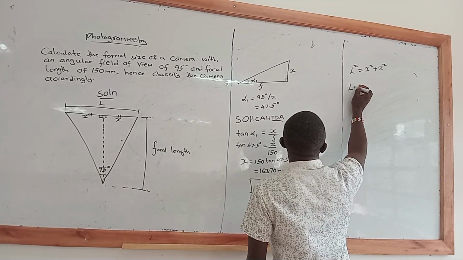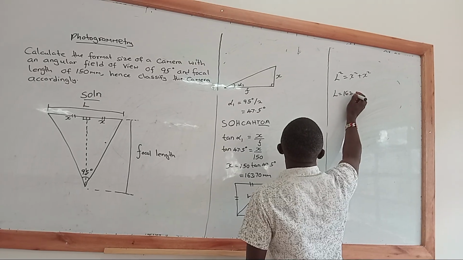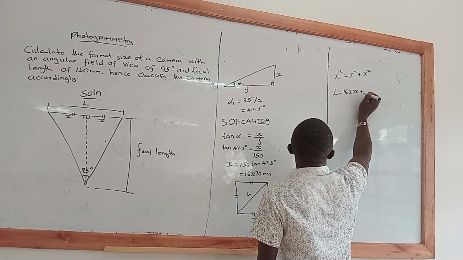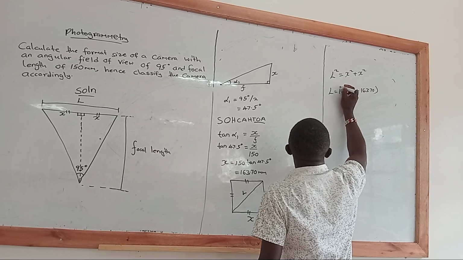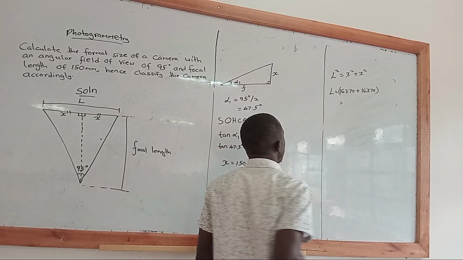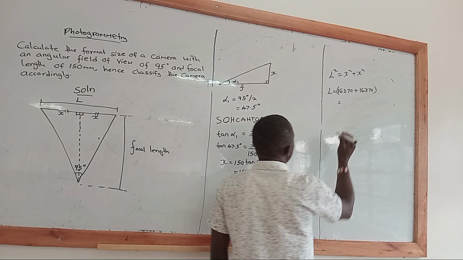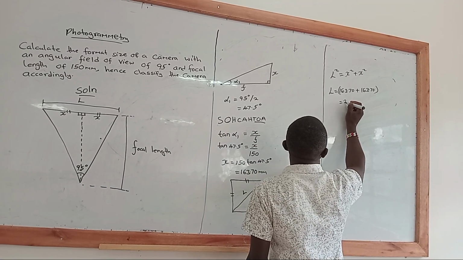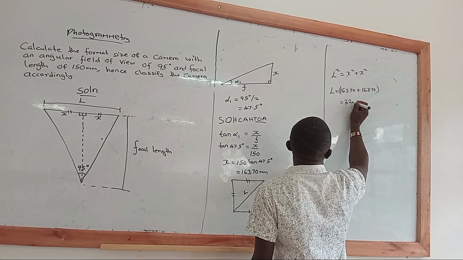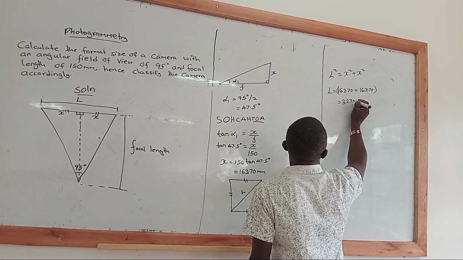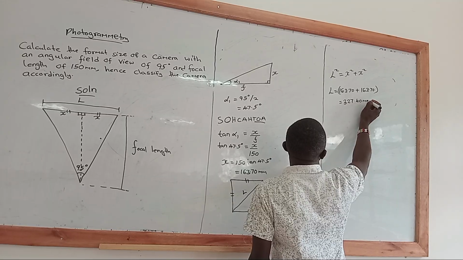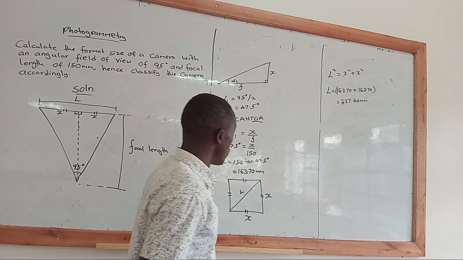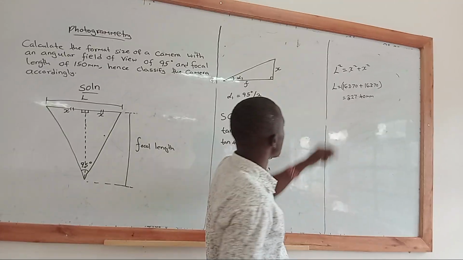So n will be 163.70 plus 163.70. This will give us 327.40 millimeters.